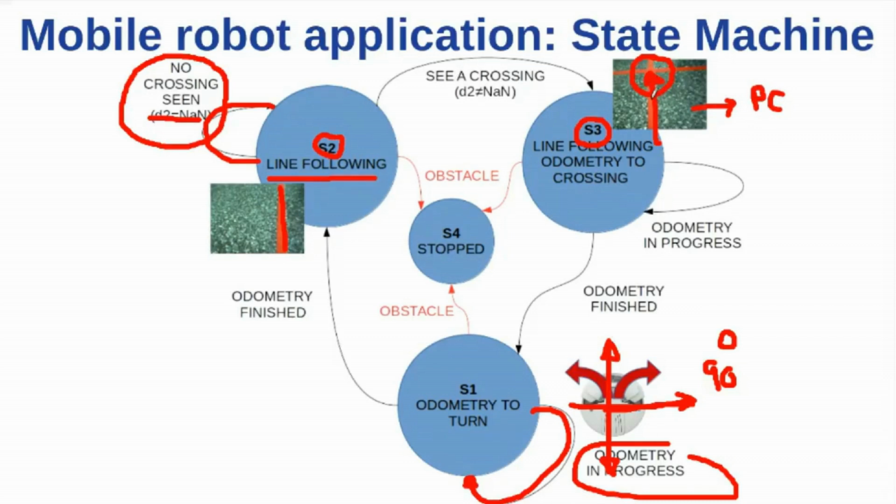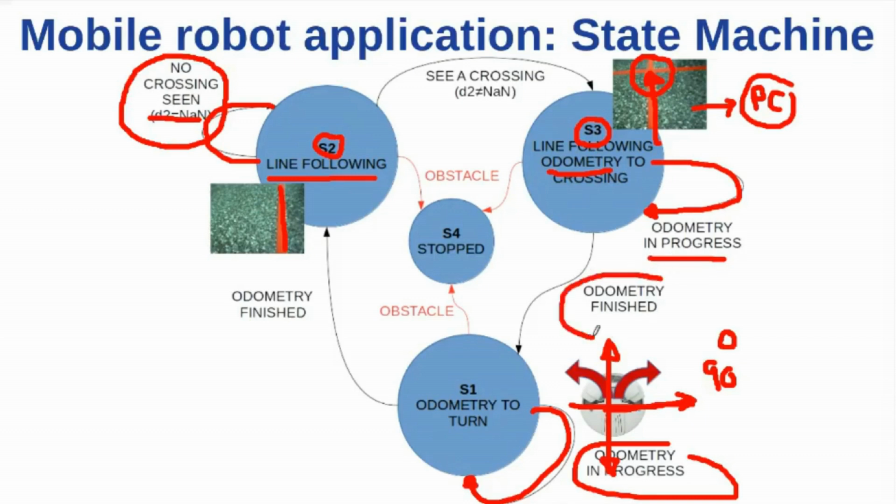And then this distance will be considered in the odometry. Then the odometry will measure the distance run by the robot. And when this distance is equal to the original distance measured by the remote personal computer, then we will stay here in state number three. That's why we will be kept here in state number three while the odometry is in progress, right?